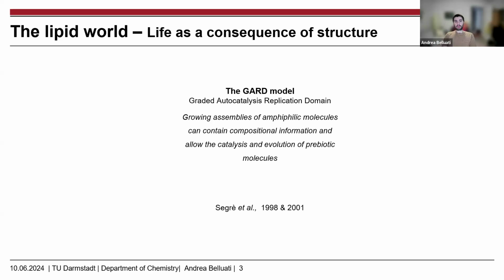If you look at one of the most famous theories about the development of life, the so-called GARD model, it posits that you need some specific molecules that can harbor compositional information and allow catalysis and thus the evolution of molecules that are not biotic yet.